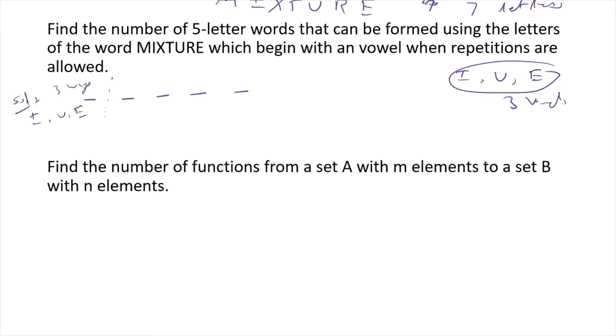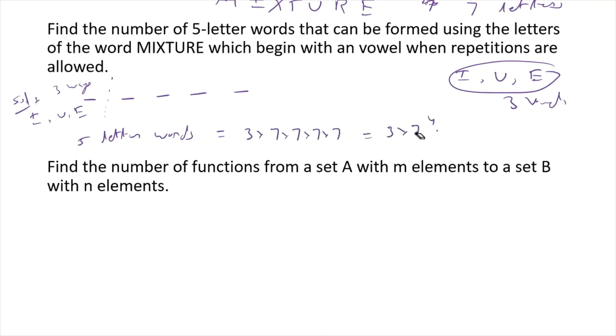So after filling the first blank in 3 ways, there are no constraints on the remaining blanks. So I can fill the remaining blanks with any of the given letters. So the second blank can be filled in 7 ways, and the third blank can be filled in 7 ways, and so on. The last blank also can be filled in 7 ways. Therefore, the total number of 5-letter words is equal to 3 times 7 times 7 times 7 times 7, which is equal to 3 times 7 raised to 4.